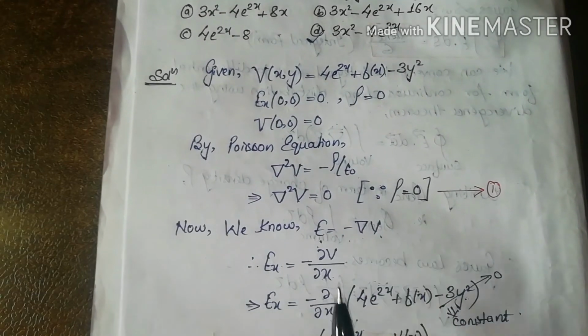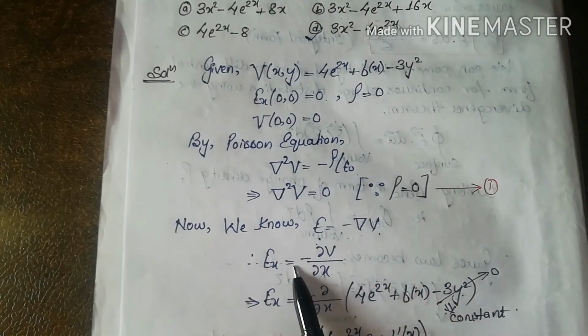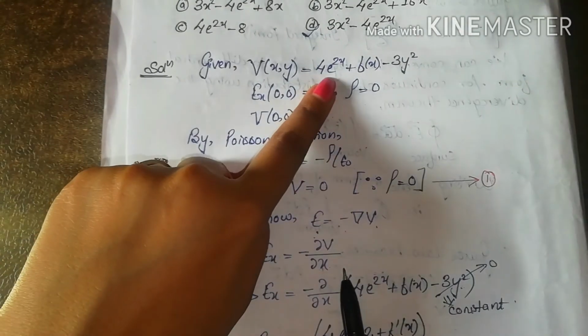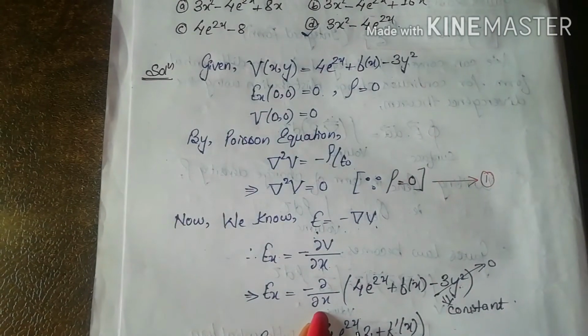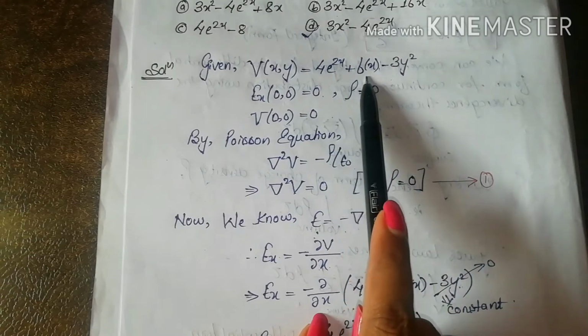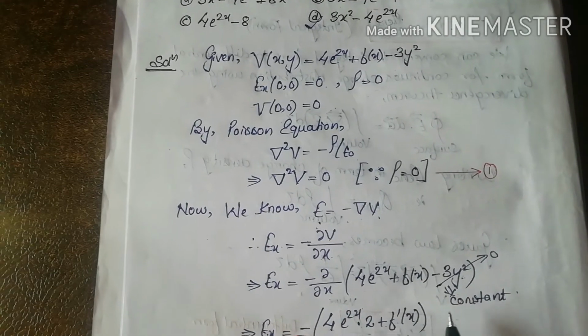Now we will find the x component of the electric field. E is equal to minus del V, and Ex is equal to minus del V by del x. So the potential V is this one. If you differentiate with respect to x, only the terms 4e^(2x) and f(x) will be differentiated. The term with y will be 0 since it is a constant here.